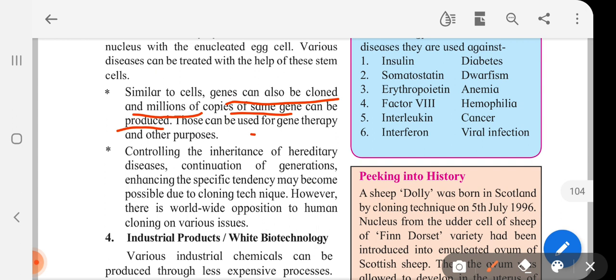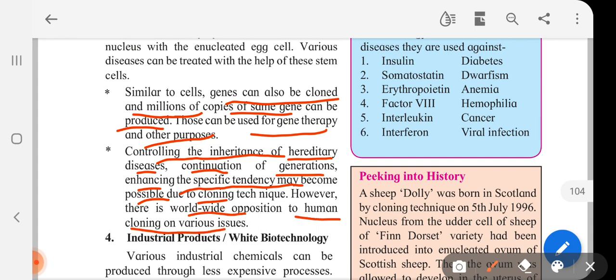Those can be used for gene therapy and other purposes. Controlling the inheritance of hereditary diseases, continuation of generation, and enhancing specific tendencies may become possible due to cloning technique. However, there is worldwide opposition to human cloning on various issues.